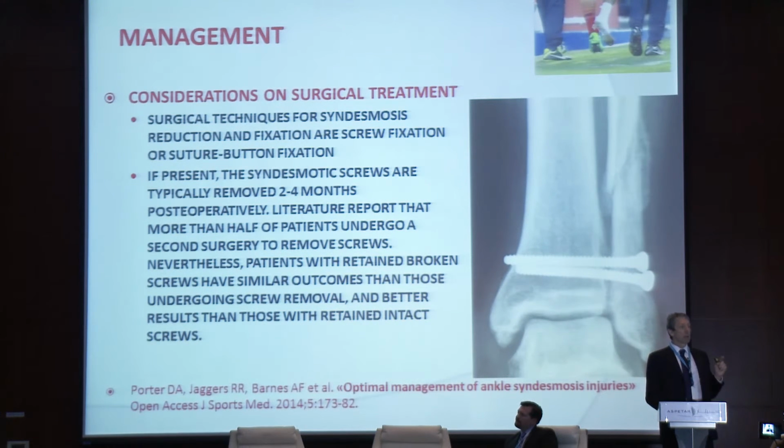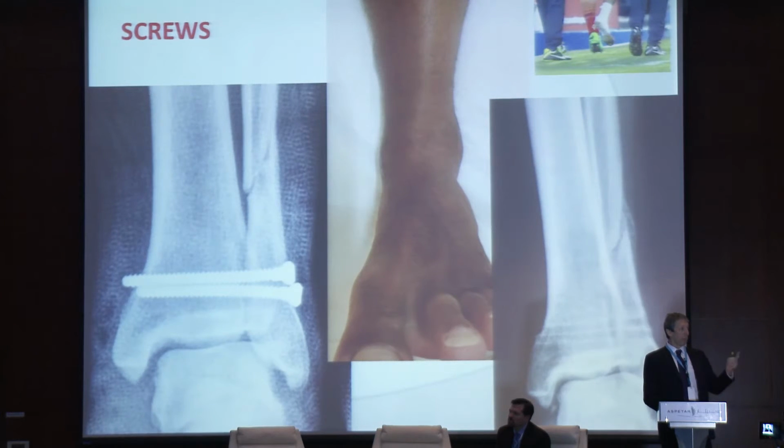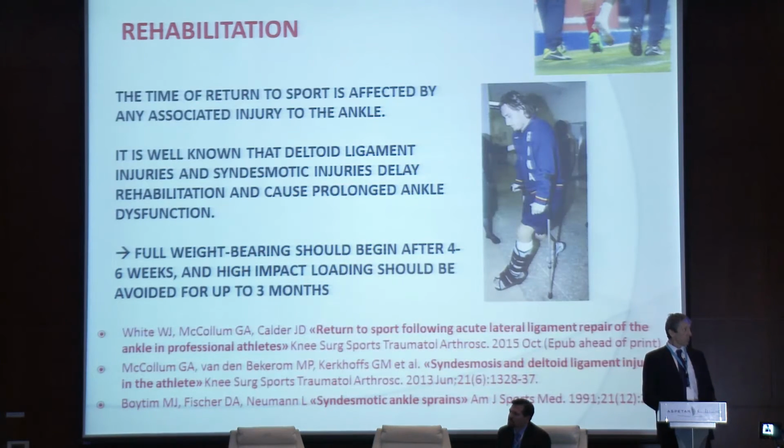Curiously, if the screws are not broken, symptoms can be higher. But if we aim for a perfect restoration, after 2 or 3 months the screws can be removed, and you can regain a perfect biomechanics of the joint. As you can see here, this athlete, 6 months after the injury, has resumed at the same level as before.